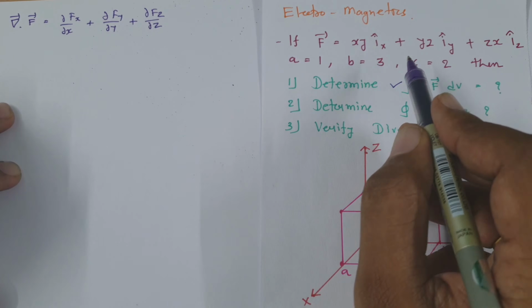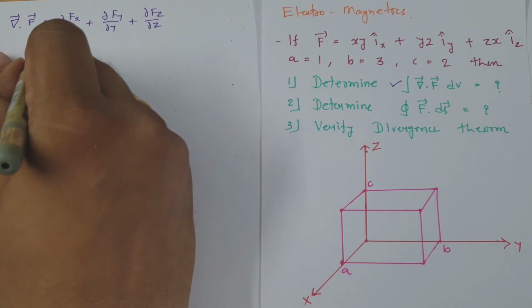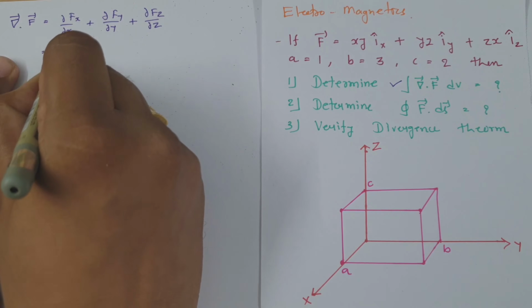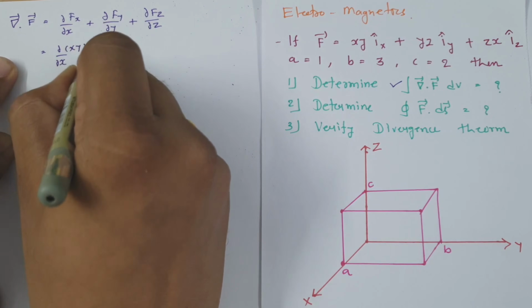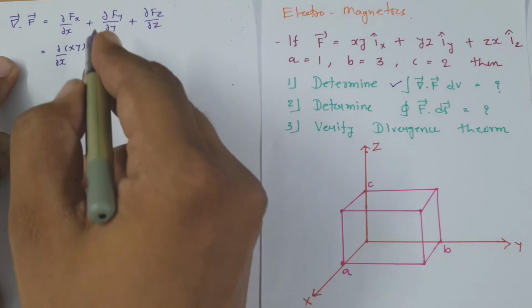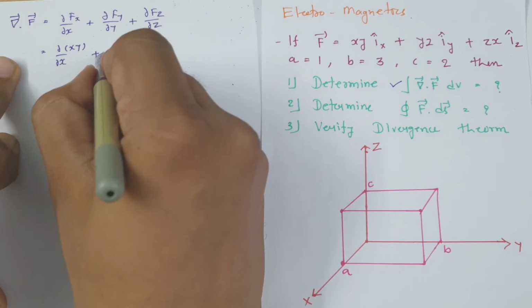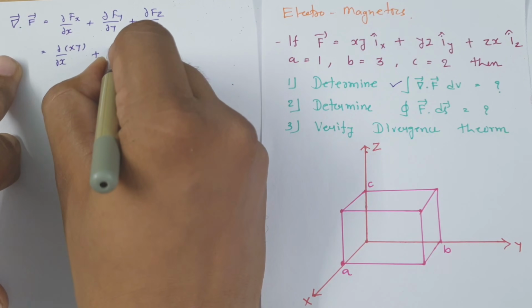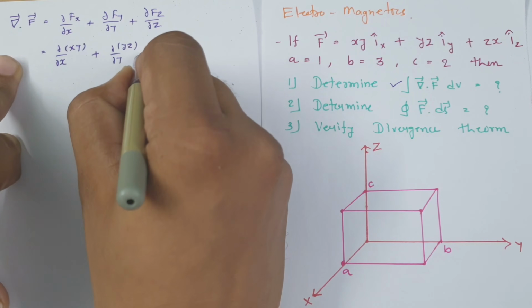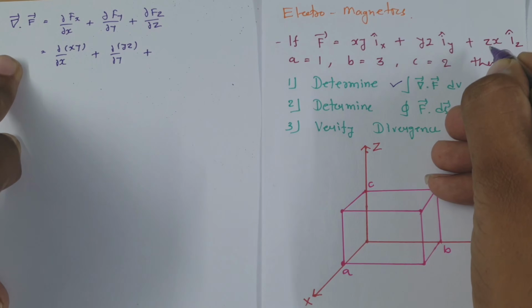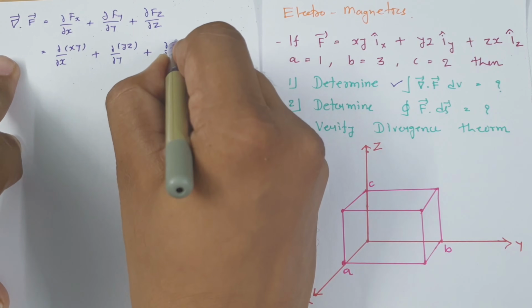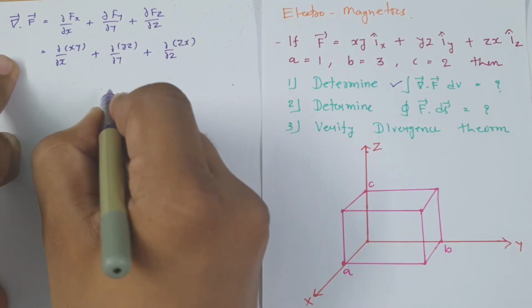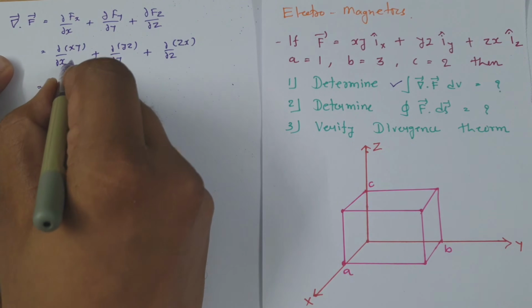If you place that, Fx is xy, so del by del x of xy, Fy is yz, so del by del y of yz, and the z component is zx, so del by del z of zx. And this is partial differentiation.